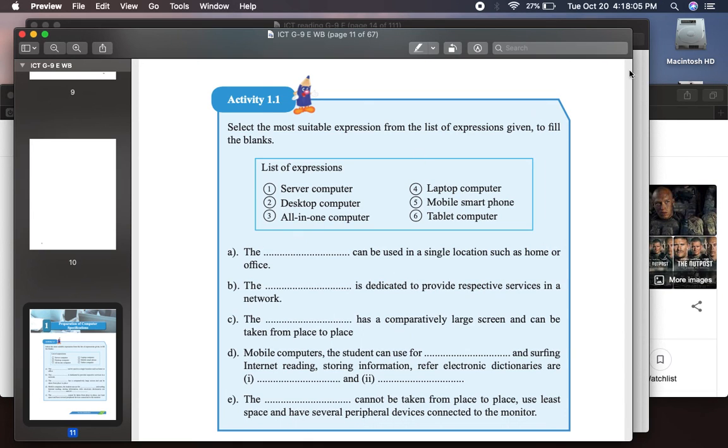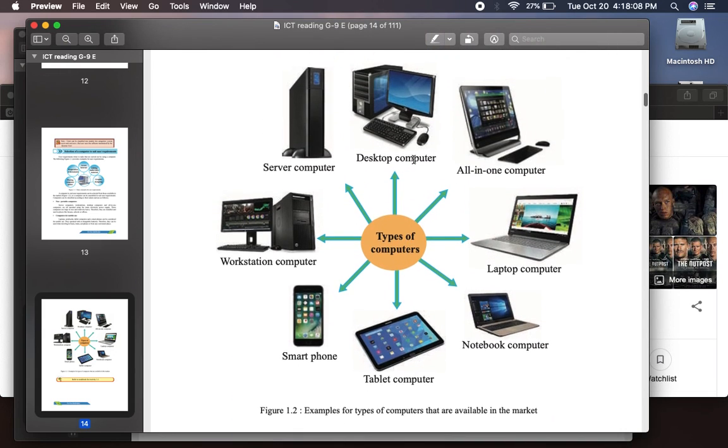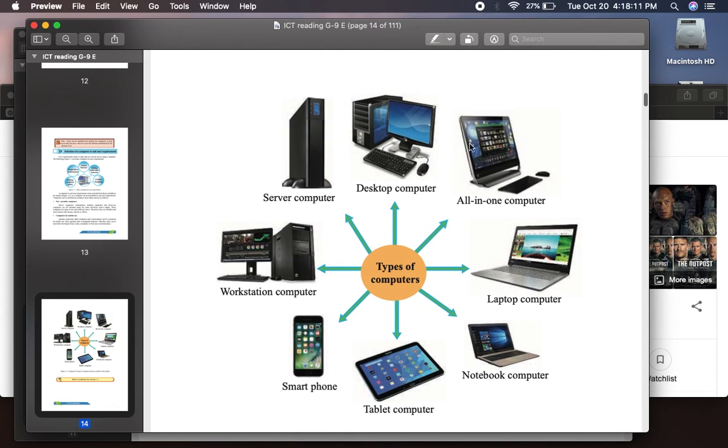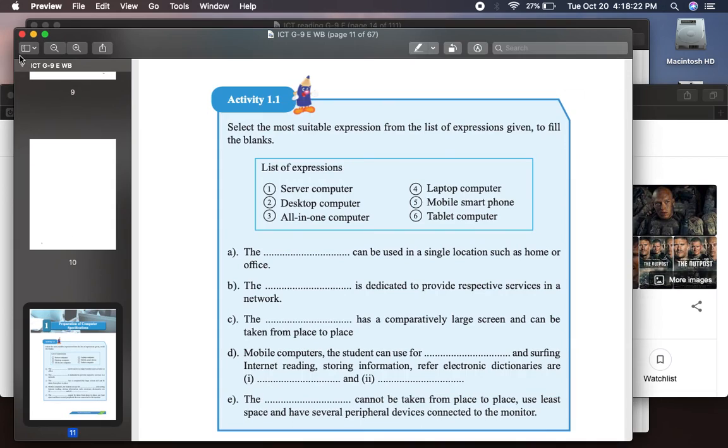Yes, because we discussed that these 4 types of computers are generally stationary, non-portable, and are used indoors. So there are, like, you can use desktop computer, all-in-one computer, and even server computer, because someone staying at home can still use a server computer.